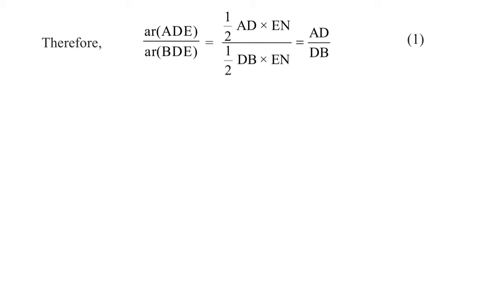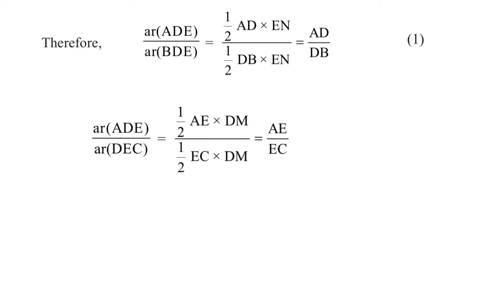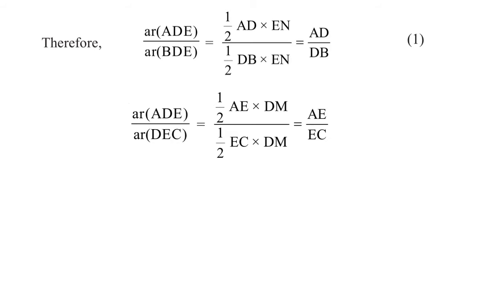Let's label this as equation 1. Now what will be the area of ADE over DEC? We know that area of ADE is also half AE times DM and the area of DEC is half EC times DM. So half cancels and DM cancels and we have AE over EC. Let's label this as equation 2.